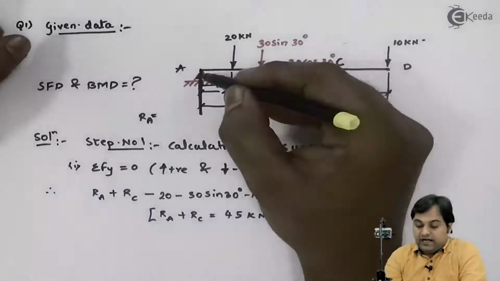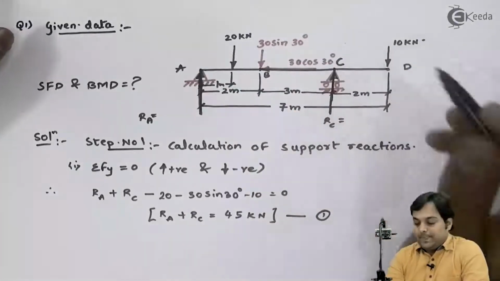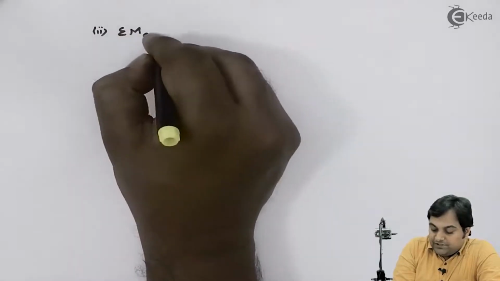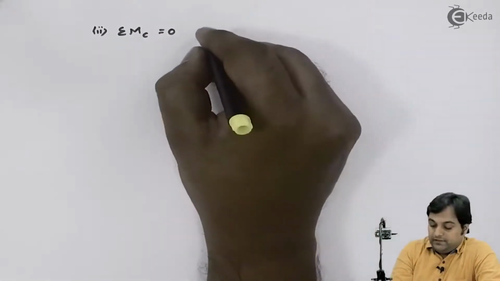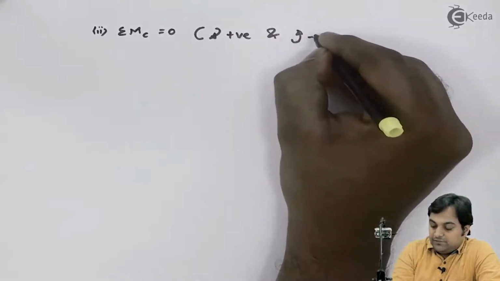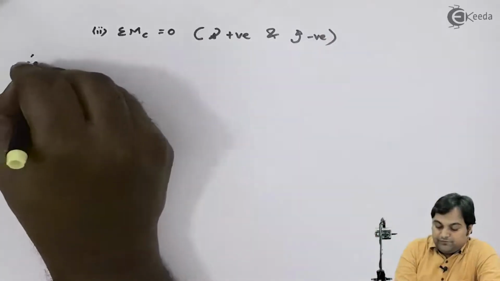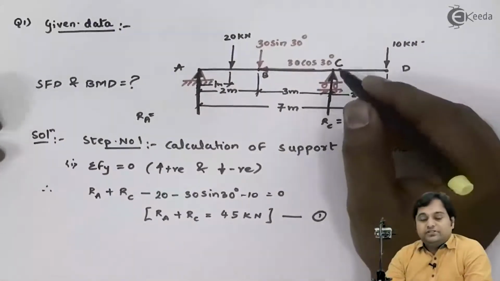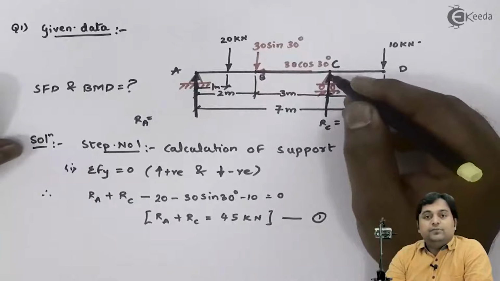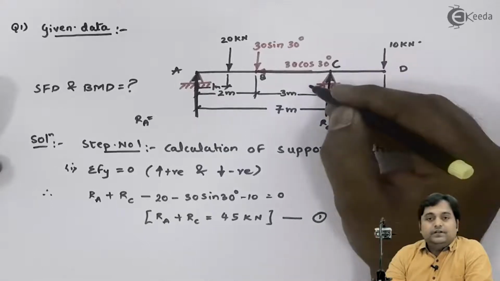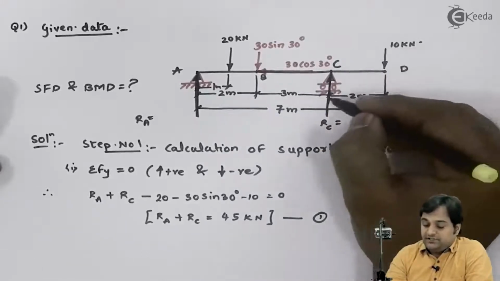Next, to calculate RA, I will be taking moments at point C. I'll say that the second condition of equilibrium, summation of moments about point C is equal to 0. The convention is clockwise moments to be taken positive and anti-clockwise moments negative. So if I am taking moment at point C, the moment of reaction at C would be 0 because it is acting at the same point. Next, 10 kilonewton is producing clockwise moment, so it is plus 10 into 2.